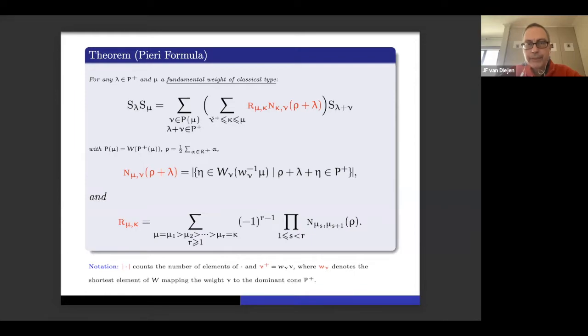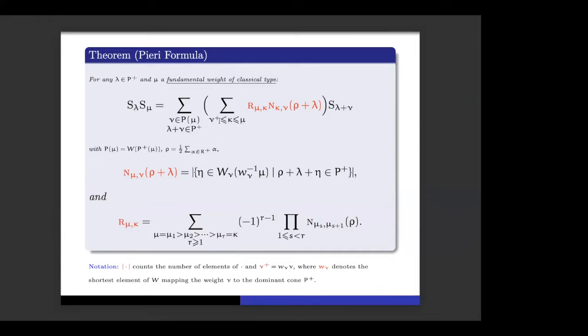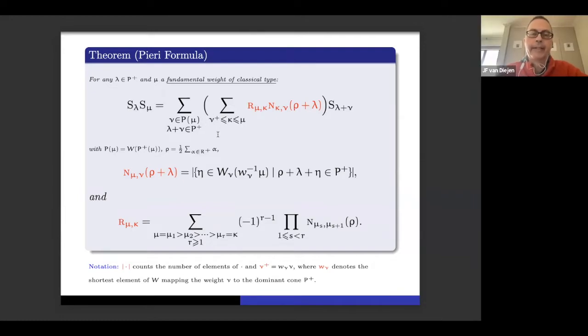Okay, so what are these numbers here? Here, nu plus is just the dominant weight in the Weyl orbit of nu. And here, you have to sum over certain weights. And what do we have to sum? Well, a product of factors.